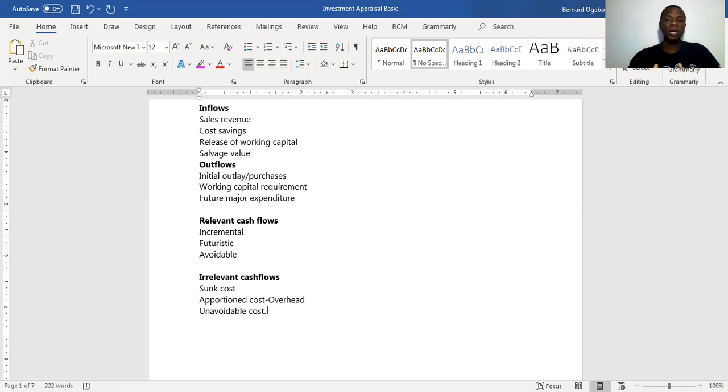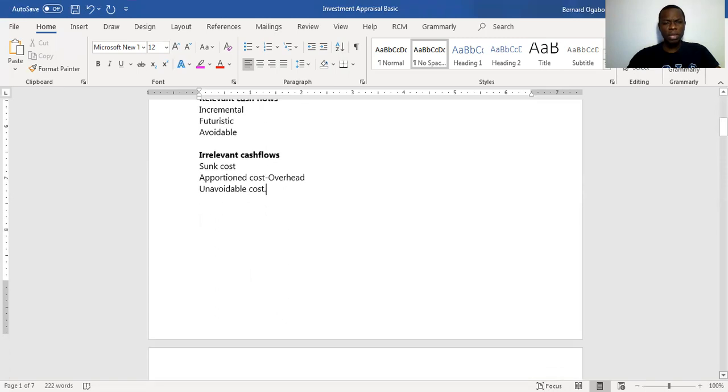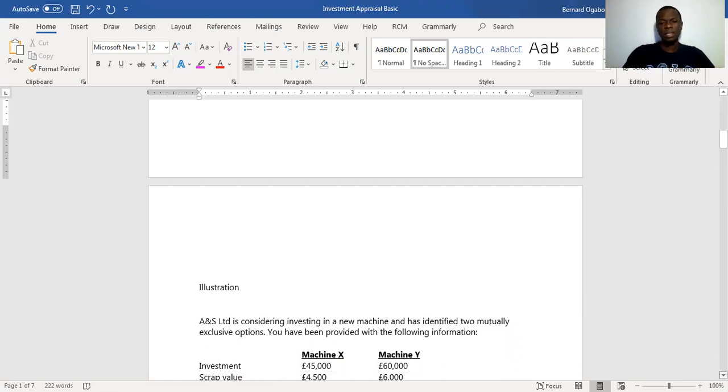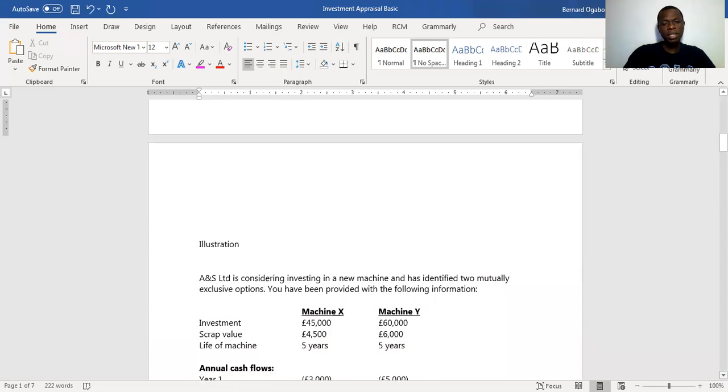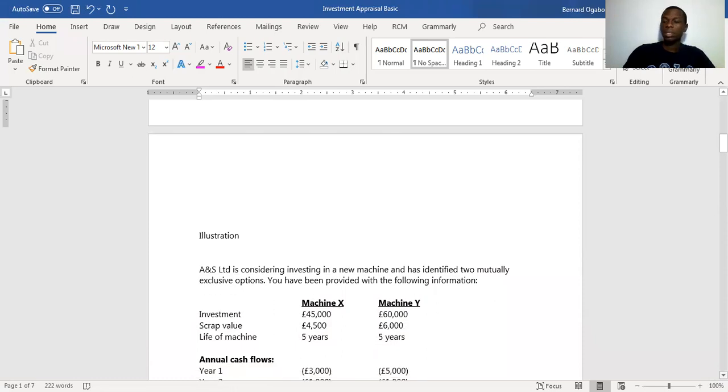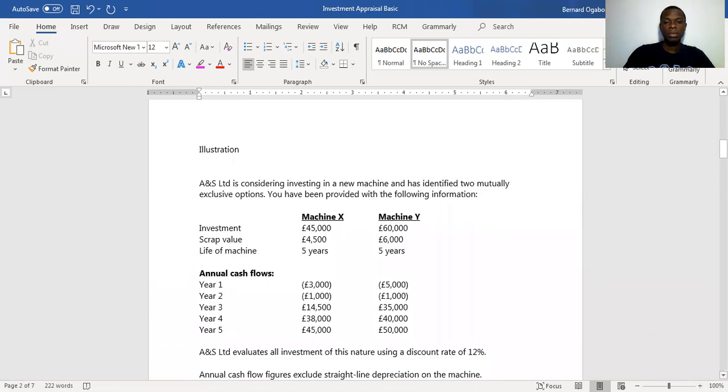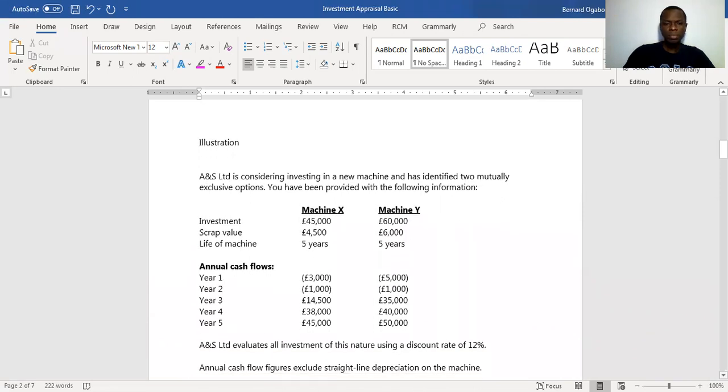As we get into the illustration, we will re-examine and explain all these concepts in detail as we progress. So based on that, we will take the first illustration. Don't forget that this is very basic and we will just try our best to keep it simple.